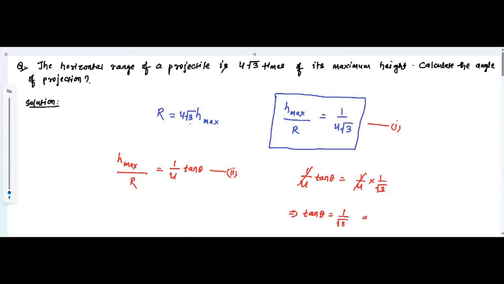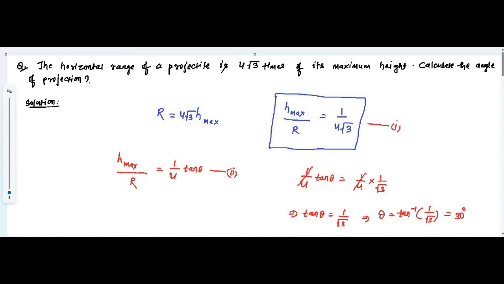That implies theta is equal to tan inverse of 1 by root 3, which is 30 degree. Okay, 30 degree. Okay, so if you are able to recall this relationship between maximum height and horizontal range, then you can solve it in a matter of a few seconds.